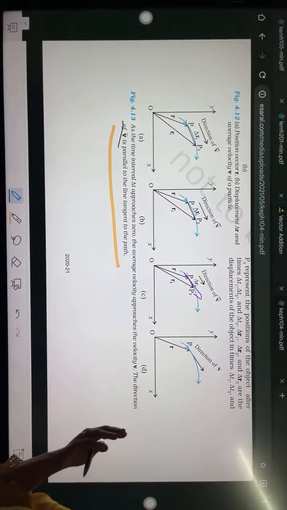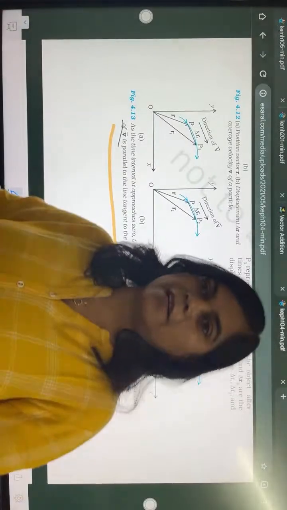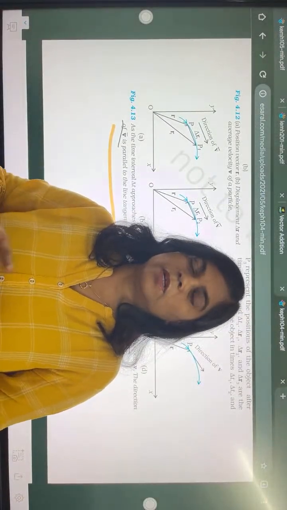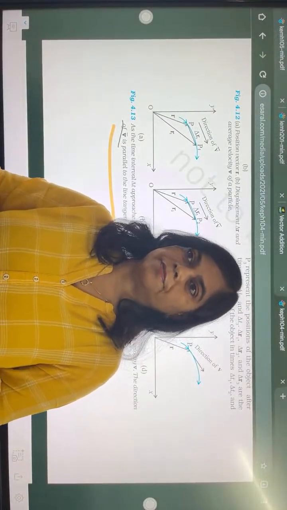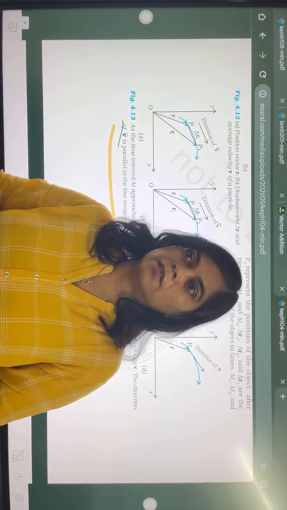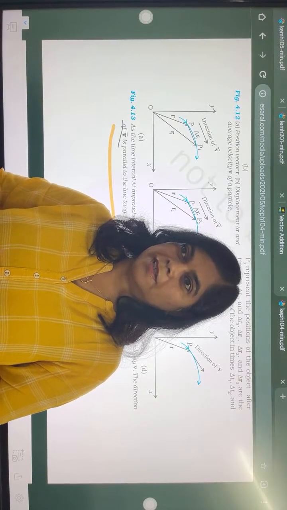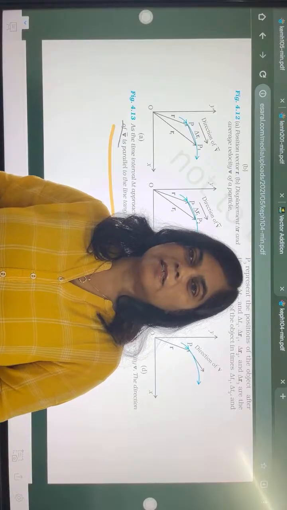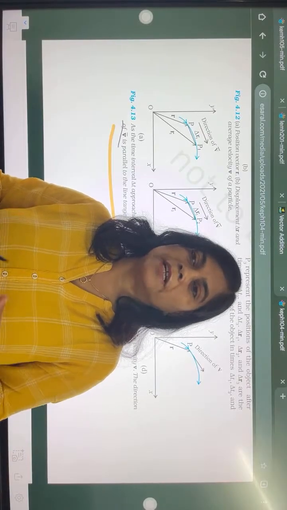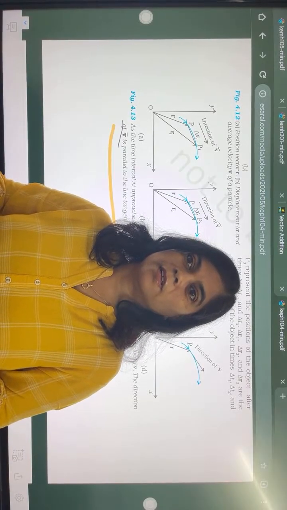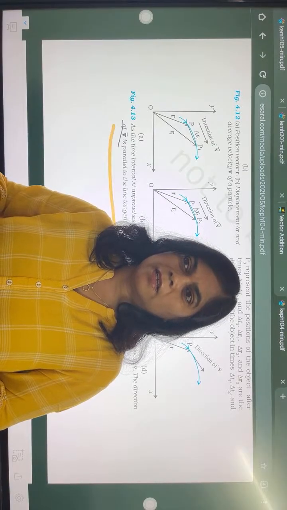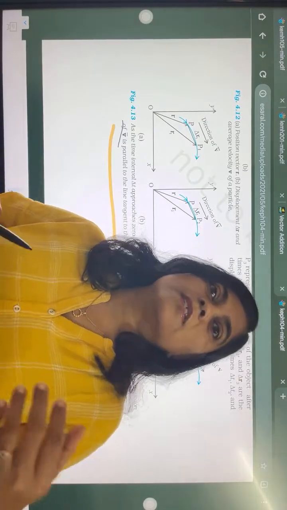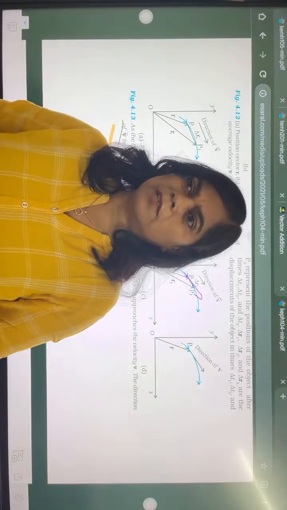So what is in the parallelogram law of vector addition? What did we discuss in the parallelogram law of vector addition? For the given vectors we draw a diagonal. Now what do you find out from it?